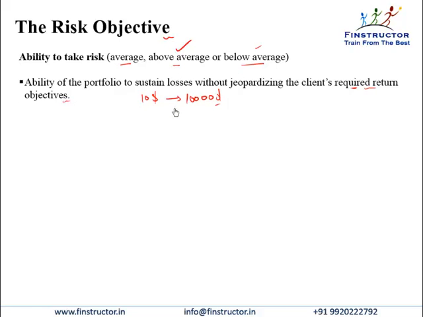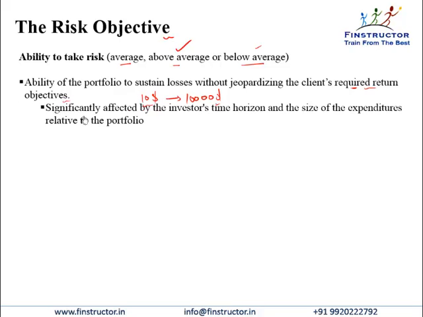So there is no such cutoff that I can give you. But generally, if the client is young, he has enough ability to supplement his portfolio from his income and additional sources. And even if the portfolio sustains a slight loss, the chance of meeting this $10 return is not jeopardized. Hence, we will conclude that the ability is above average.